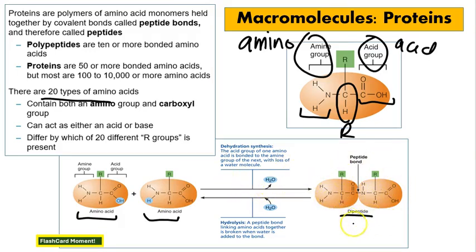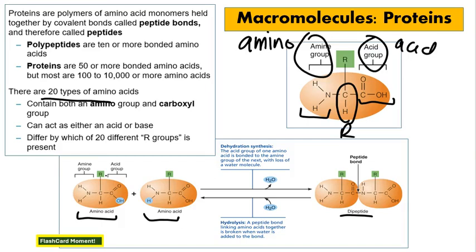As you can see here, I have a dipeptide, meaning I have 2 amino acids attached. Now, if I were to go in the reverse and I was adding water to this overall peptide bond, then I'll be breaking it apart and creating a decomposition reaction to make our 2 amino acids again. Same old that we saw before. Okay? Now, polypeptides are 10 or more amino acids bonded together in all those peptide bonds.